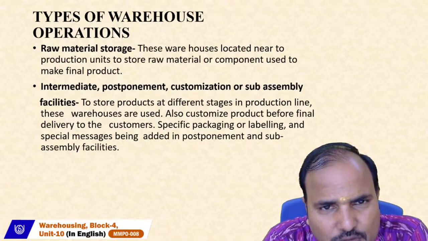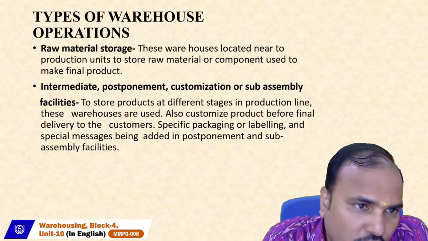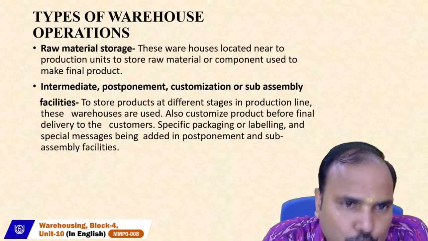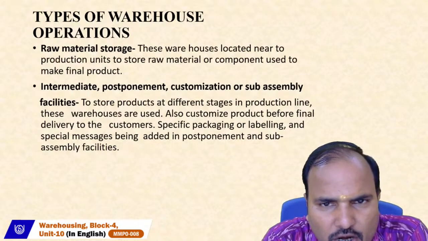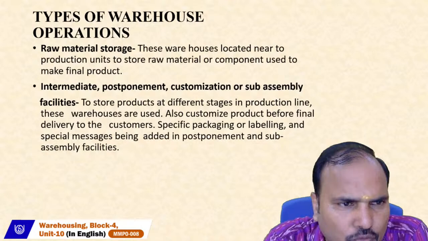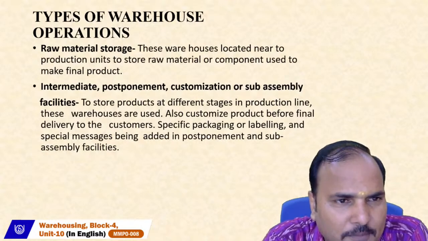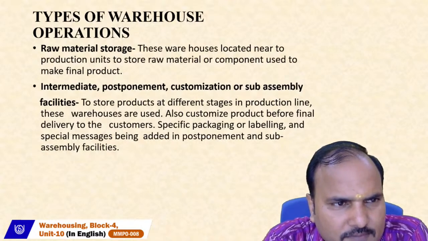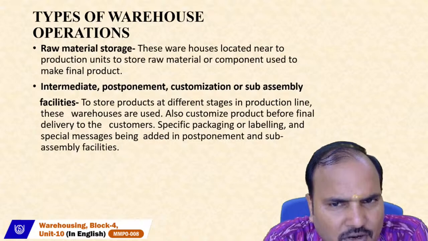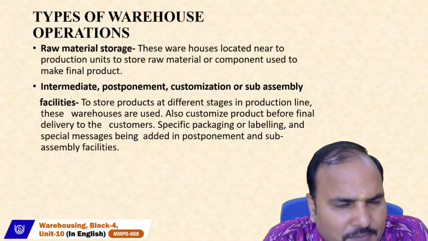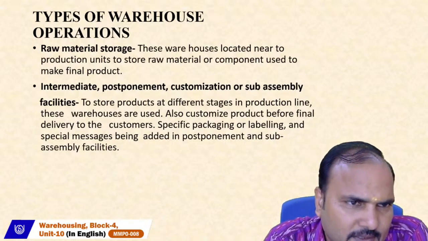These warehouses are located near production units to store raw material or components used to make the final product. Second is intermediate, postponement, customization, or sub-assembly facilities.